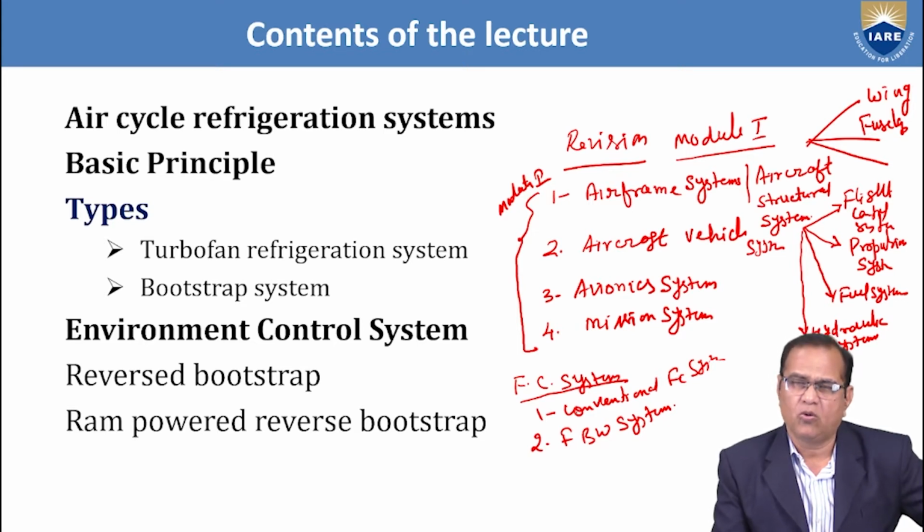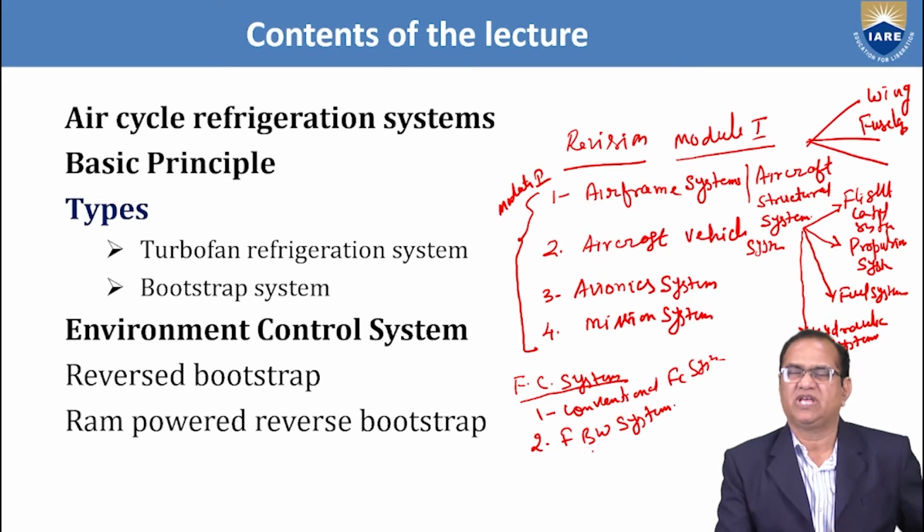In olden days and small aircraft, we use the conventional flight control system, but most of the fighter aircraft and modern passenger aircraft use the fly-by-wire system.